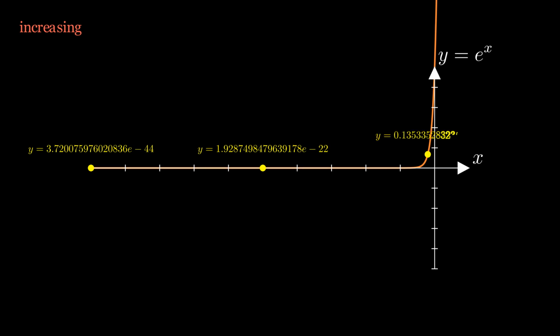Now e to the -2 is 0.13533. So where we are moving away from 0 now, which you can see on the graph. So that is another interesting property of exponential functions. As x is large negative, so like negative 100, negative 1000, the values are approaching zero, but never actually are zero. They're just very close.